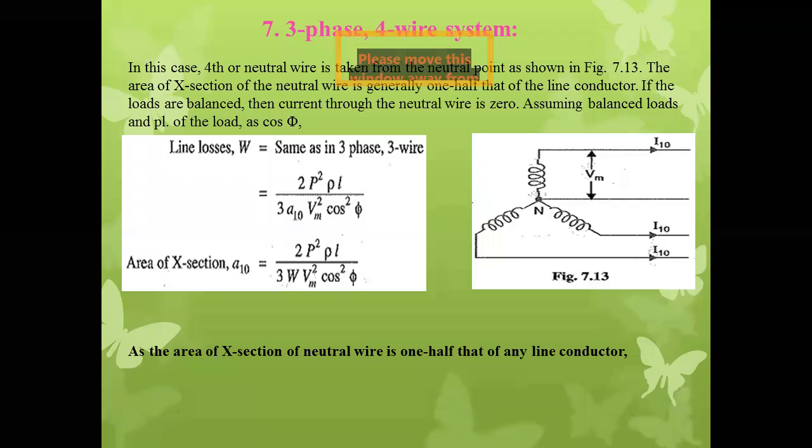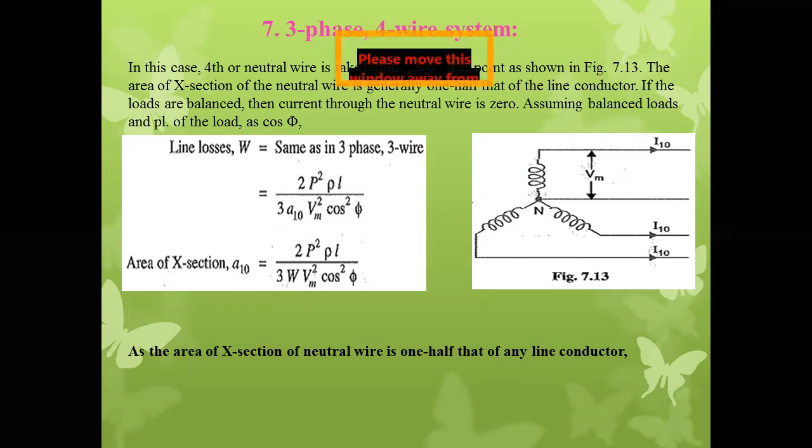See over here, three line conductors are there and one neutral conductor is there. The area of cross section of the neutral wire will be exactly half of that of the line conductors.